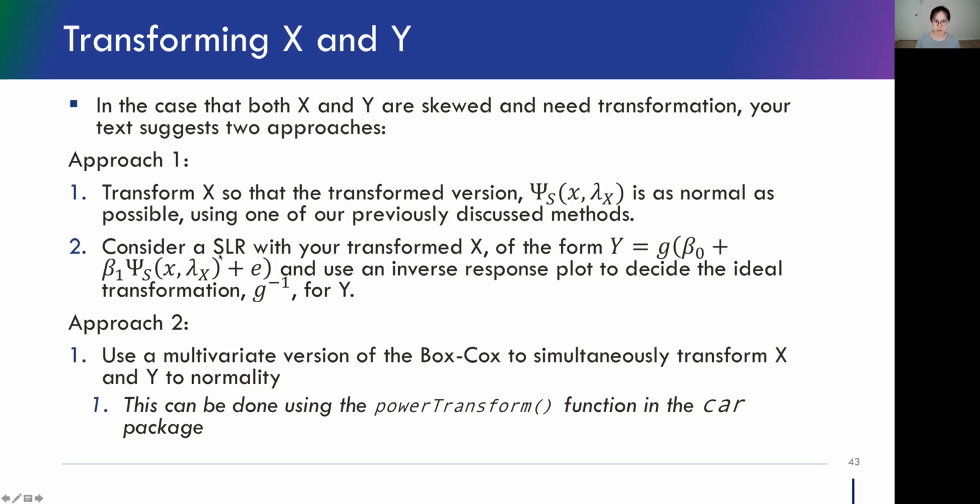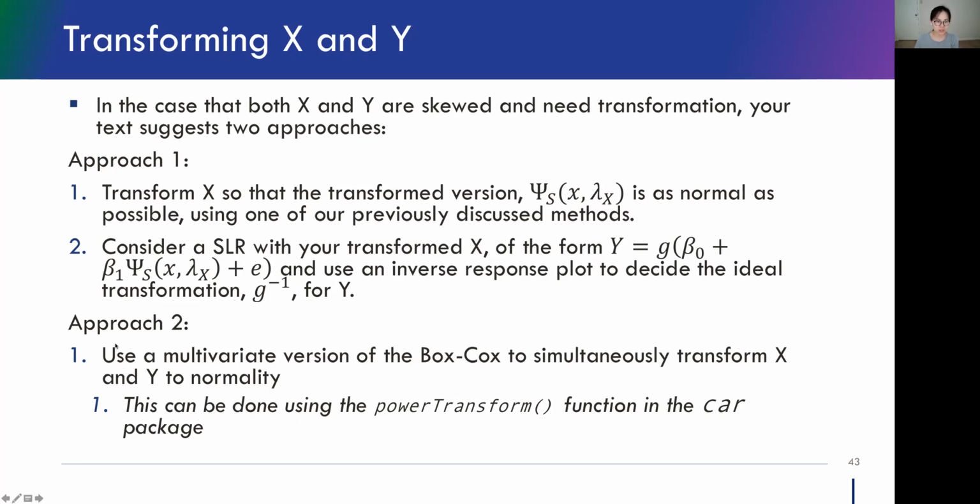So beta 0 plus beta 1 times psi S, which is a transformed X. You first do the simple linear regression and then use an inverse response plot to decide the ideal transformation for Y. Basically, you find the inverse function of g with this result, beta 0 plus beta 1 times psi S. That's the simple linear regression with transformed X. So this is approach 1.